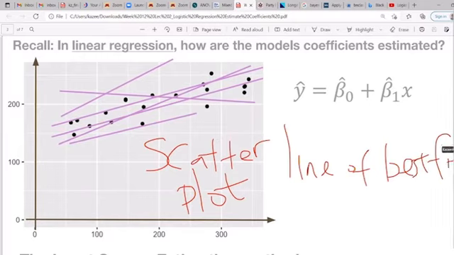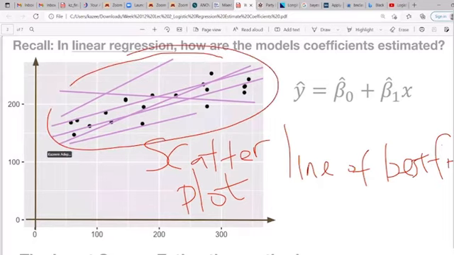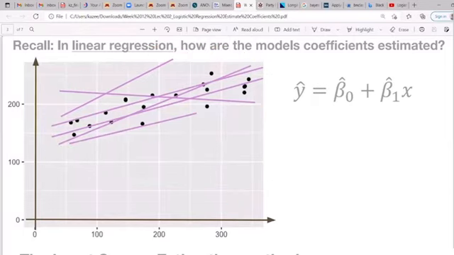Different people would draw different lines, because we are trying to connect points that are scattered away. So there are many possible lines.